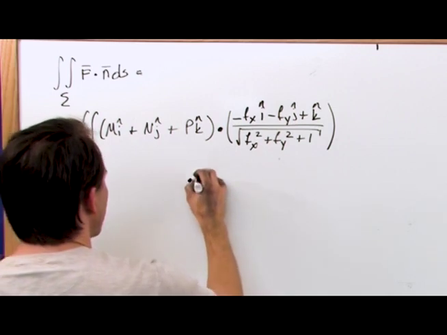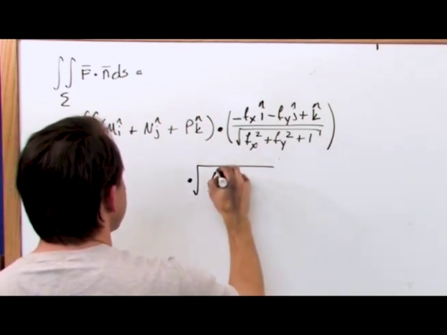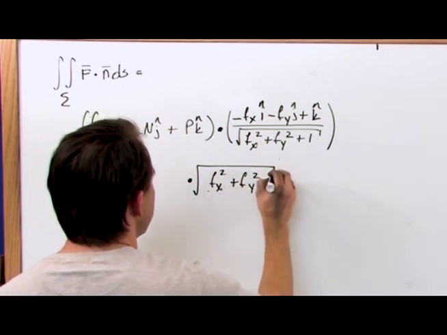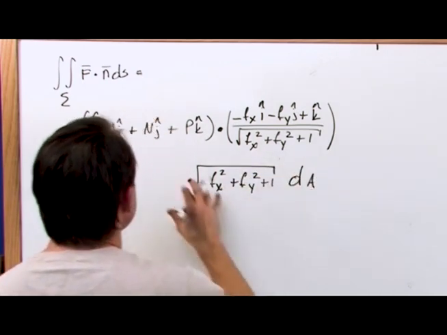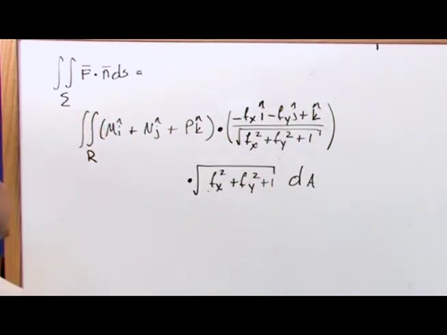That term was the square root of f sub x squared plus f sub y squared plus 1, and then we did the whole integral over dA. So it's this dotted with this multiplied by this, okay?